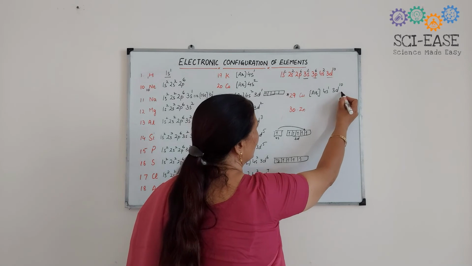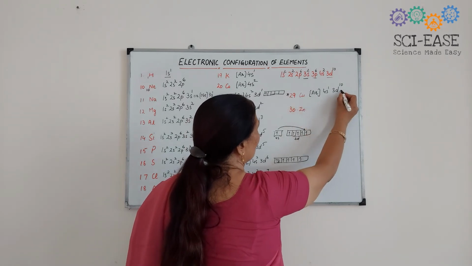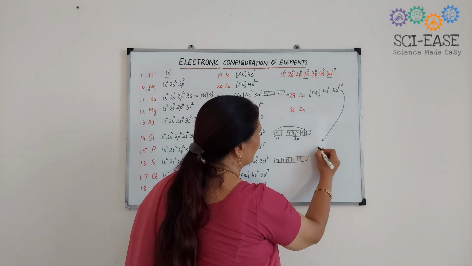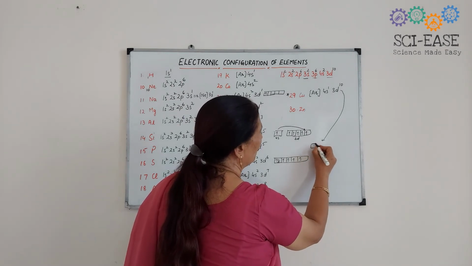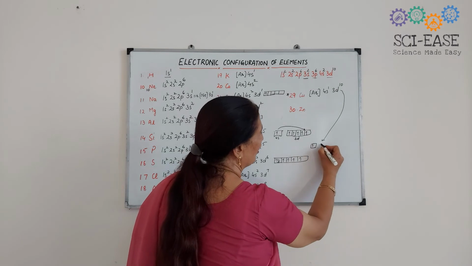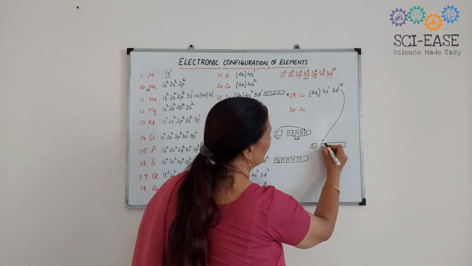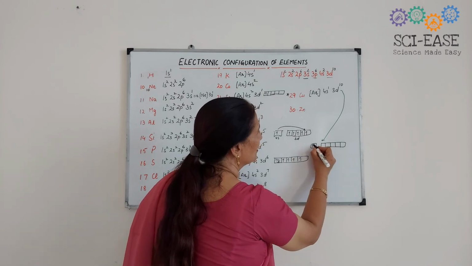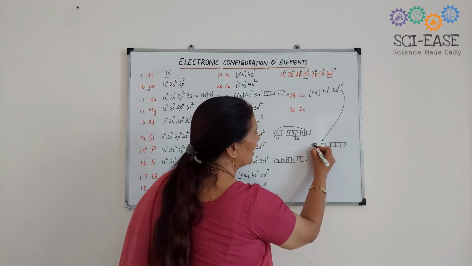Here again, what is the result? I will show it here. This is 4s, and here the d orbital, and the electron comes from this.